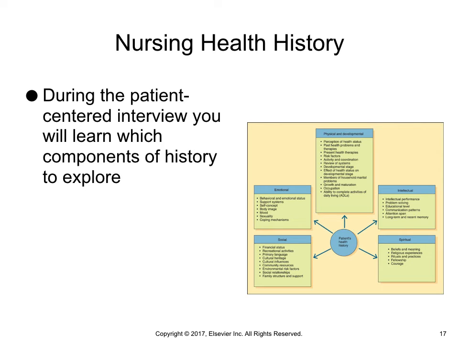A good assessor learns to refine and broaden questions as needed to correctly assess a patient's unique needs. Time and patient priorities determine how complete a health history will be. A comprehensive history covers all health dimensions such as shown in Figure 16.5, allowing you to develop a complete plan of care.